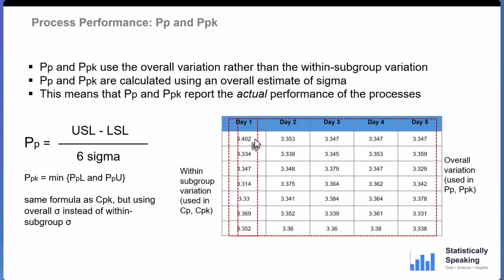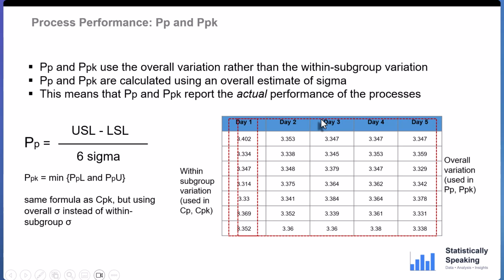And think about it logically, why that would be a good idea. Your customer wouldn't receive cookies from just one day, right? You want to view performance across all days. Customers can get it from this batch, from this batch, from this batch, or from a different day.